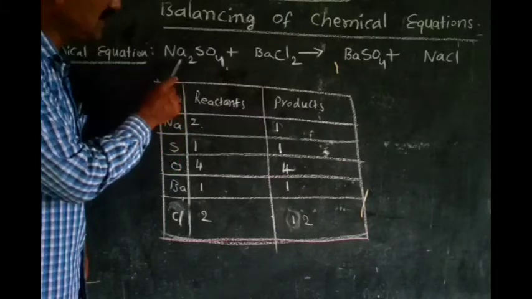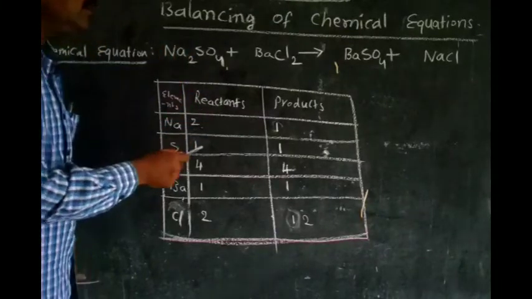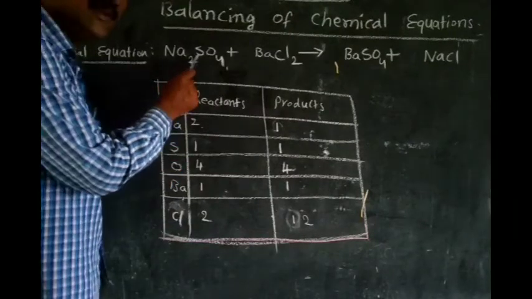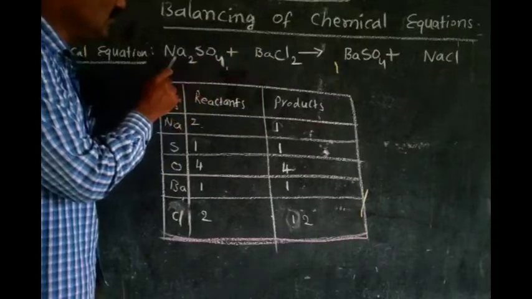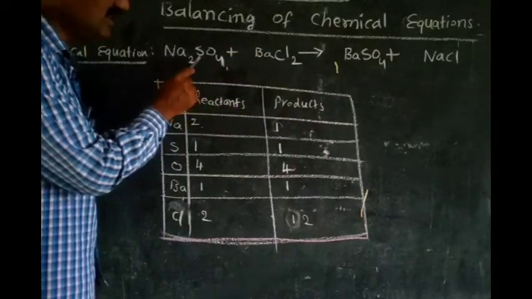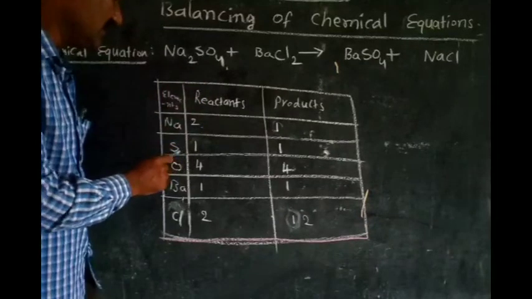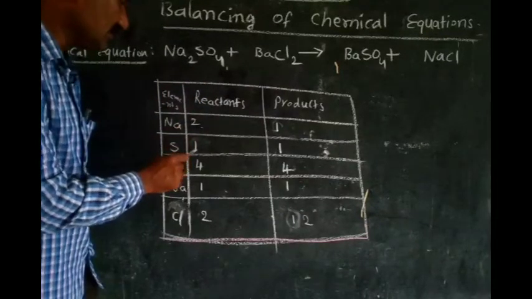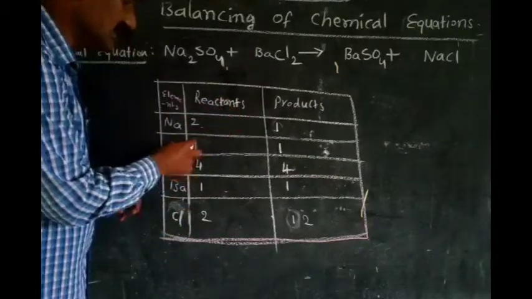And the second element, sulfur. Only in sodium sulfate it is there, only one atom. That's why in the reactants only one sulfur atom is there, we have noted it.